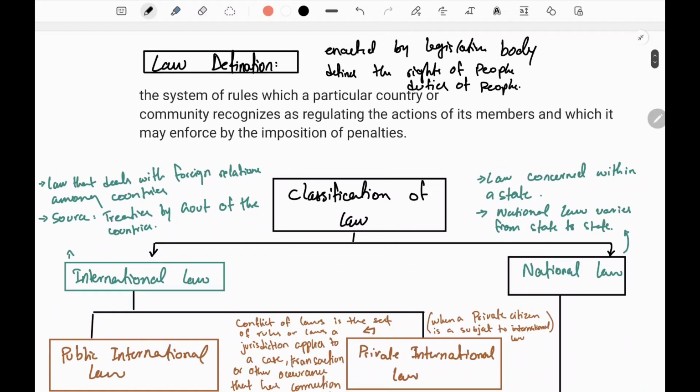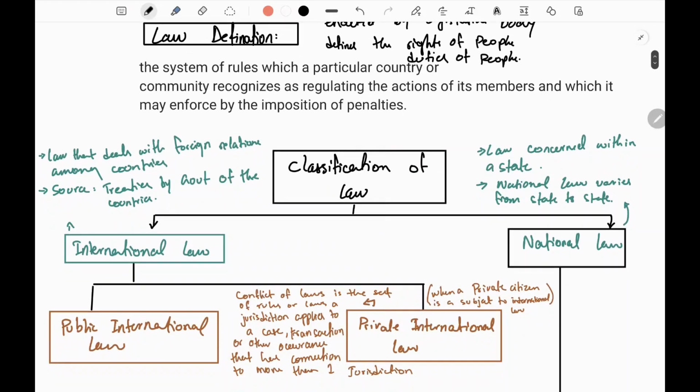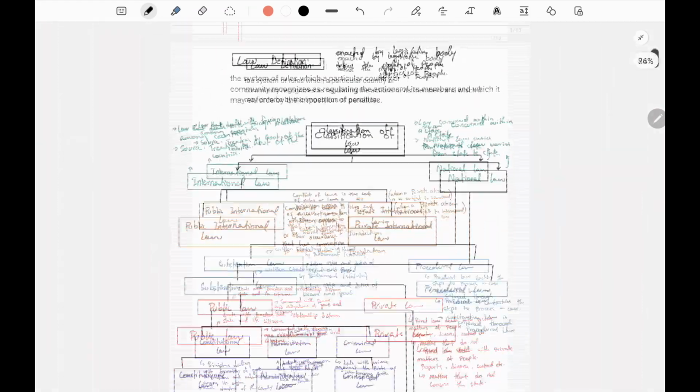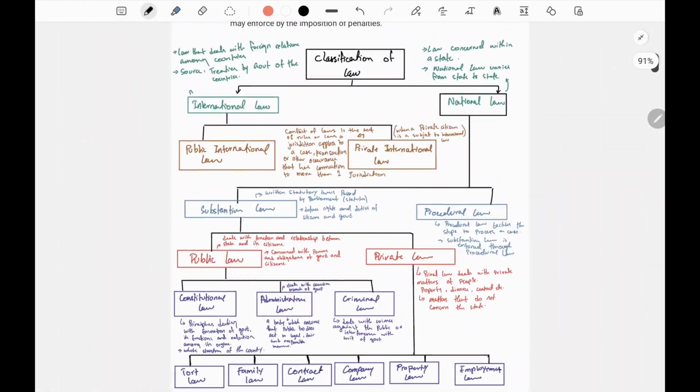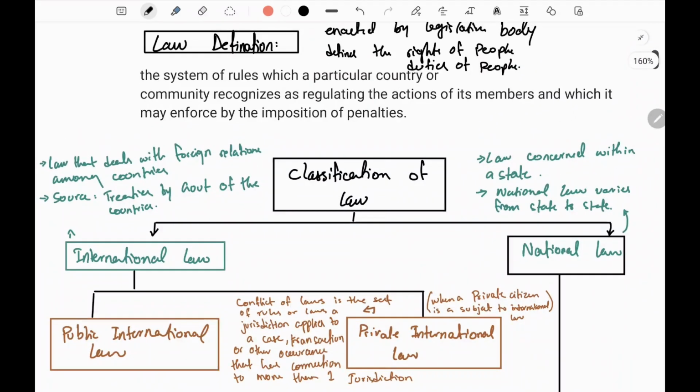And every country obviously has its law. Without law, no country can exist, I mean. So classification of law, and this is the complete table, right? So let's go through it one by one.